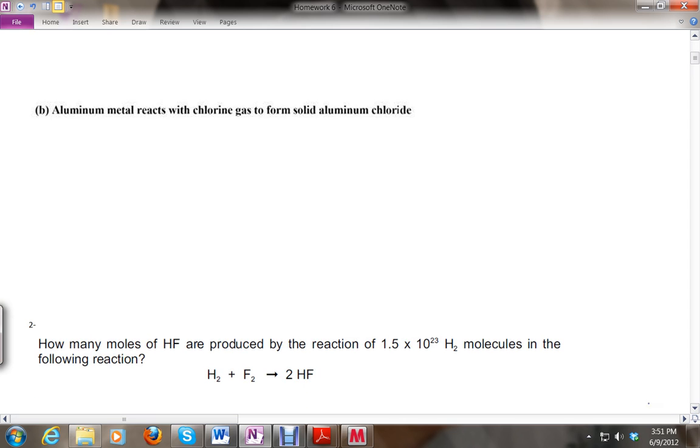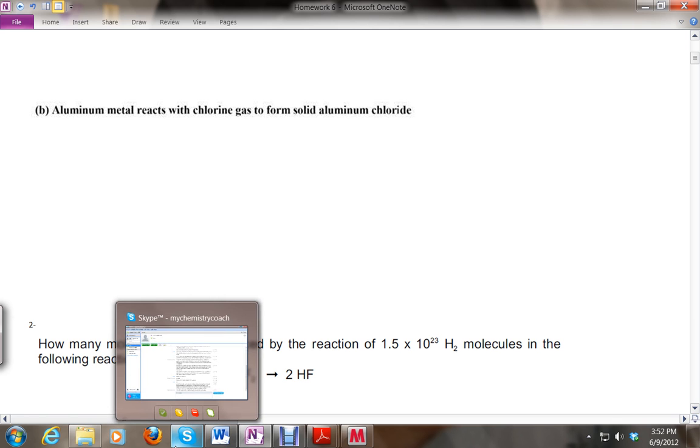So let's go with the next one, letter B. Aluminum metal reacts with chlorine gas to form solid aluminum chloride.